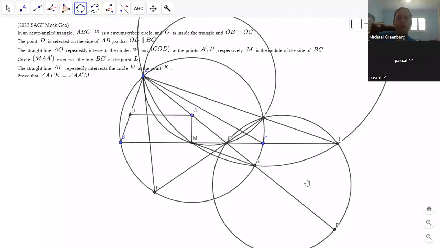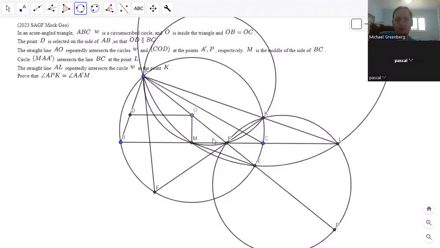Well, I think it would follow from, if we let F be the foot of the symmedian, then ABFC is harmonic. And so if you project those through A prime onto BC, then we'd get that BCE and this intersection point of FA prime would have to be harmonic.